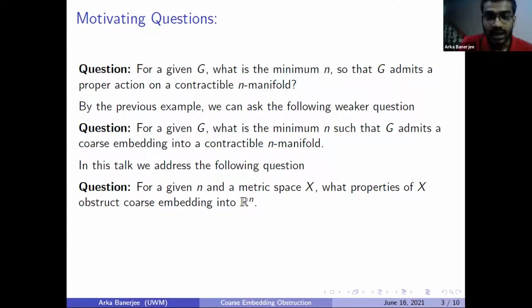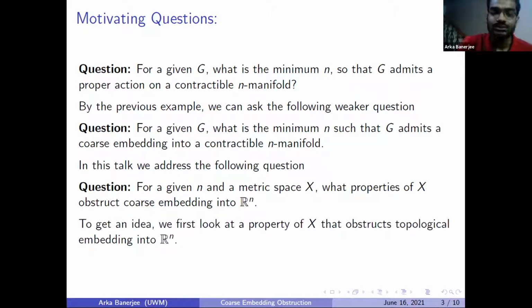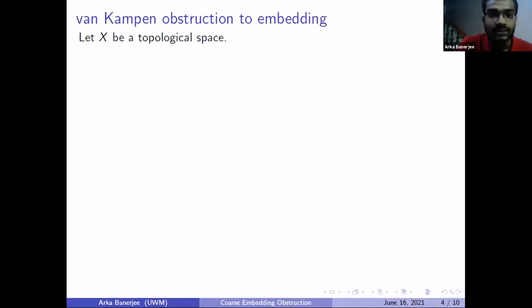Now, to get an idea, we first look at the property of X that obstructs topological embedding into R^n. Forget about coarse for now, and let's see what kind of obstruction we have for topological embedding. That goes back to Van Kampen. So let's start with a topological space.